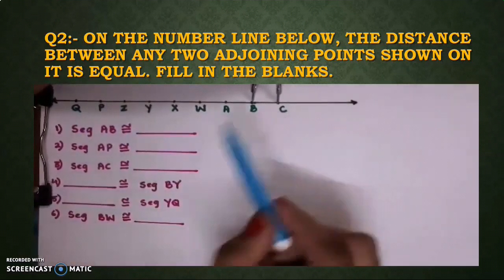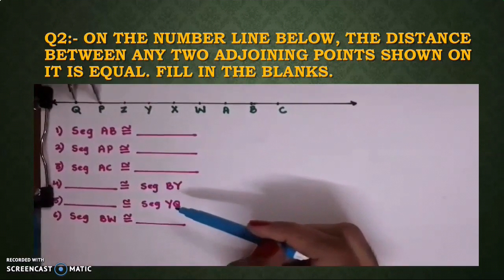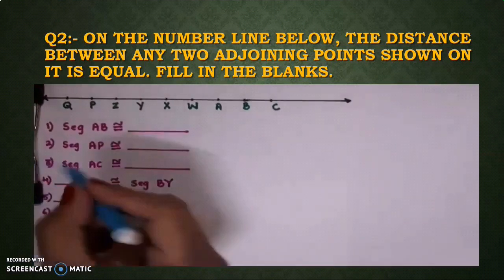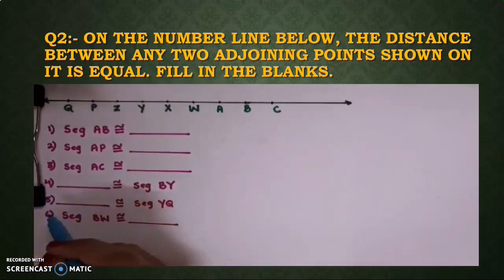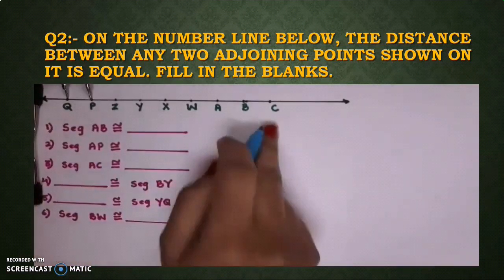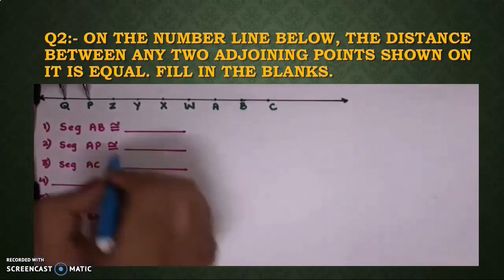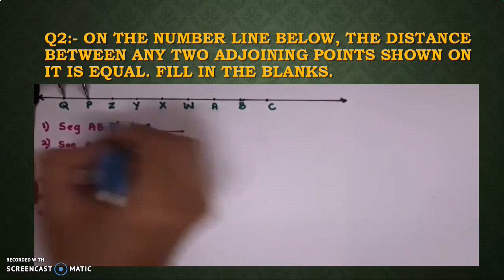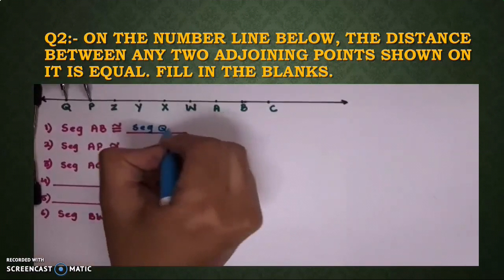So we have 7 answers. You can write any one from all 7 possible answers. So I am writing AB and QP have the same length. As I have shown you, we have 7 possible answers, but we have to write any one. So here I am writing segment QP.